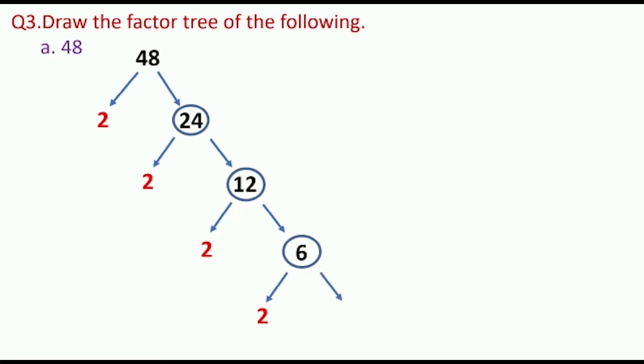And here when 6 is divided by 2, you will get 3. So the prime factorization of 48 will be 2 into 2 into 2 into 2 into 3. When you multiply all these numbers, you will get 48 only.